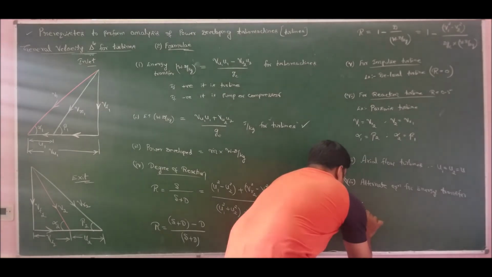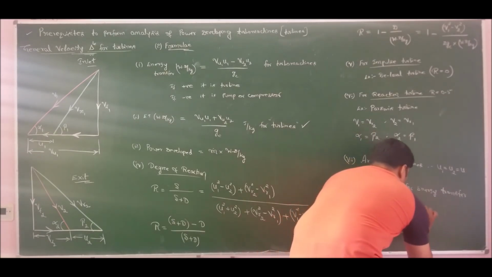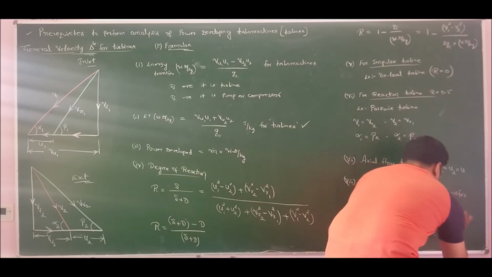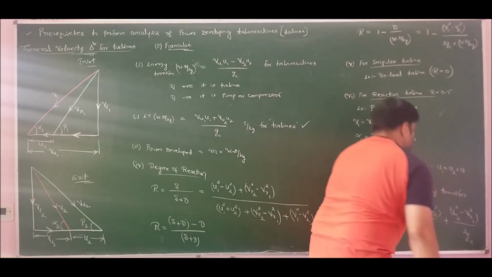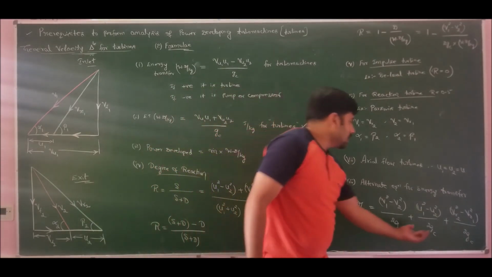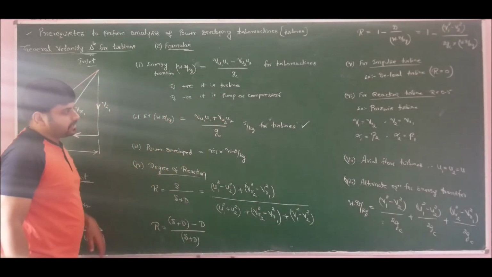The work done per kg is also equal to (V1 square minus V2 square) by 2gc plus (U1 square minus U2 square) by 2gc plus (VR2 square minus VR1 square) by 2gc. The first component is the dynamic component of energy transfer, and these two are the static component of energy transfer. Using that only we define degree of reaction.